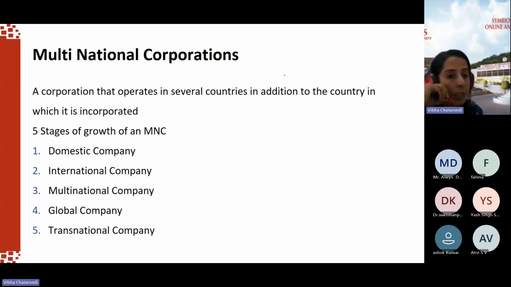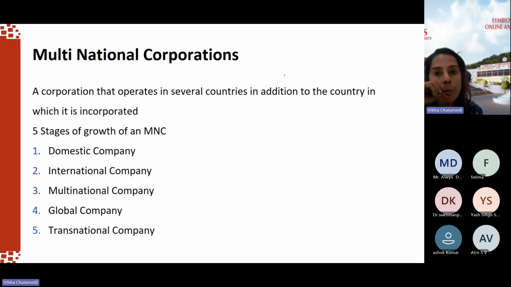Now, stage three is you become a multinational organization. When an international company discovers the differences in the markets of different countries and tries to adapt its product and marketing strategies, or the product mix or the marketing mix, according to the demands and needs of the consumers in different countries, it starts becoming a multinational organization.